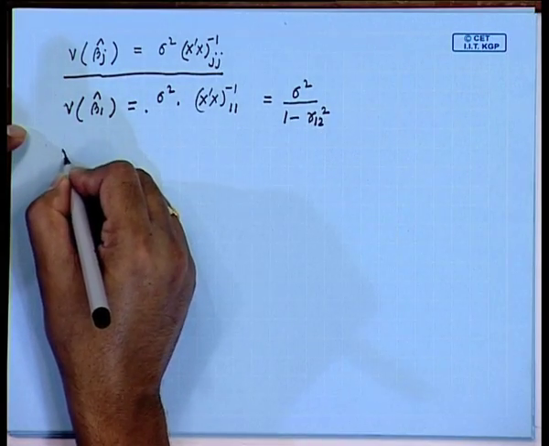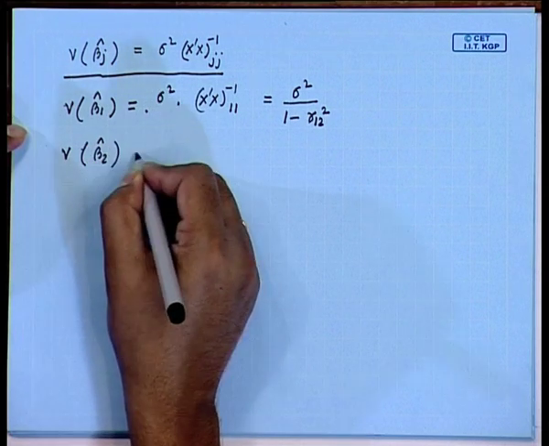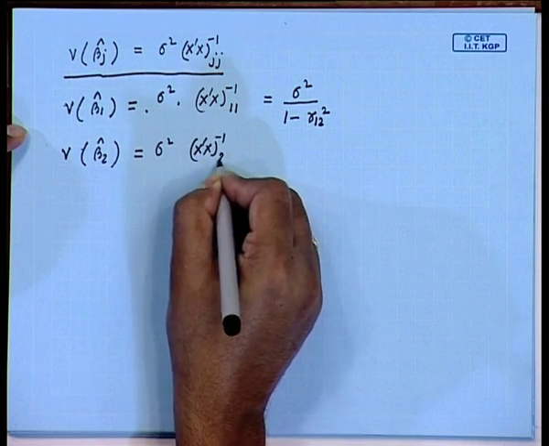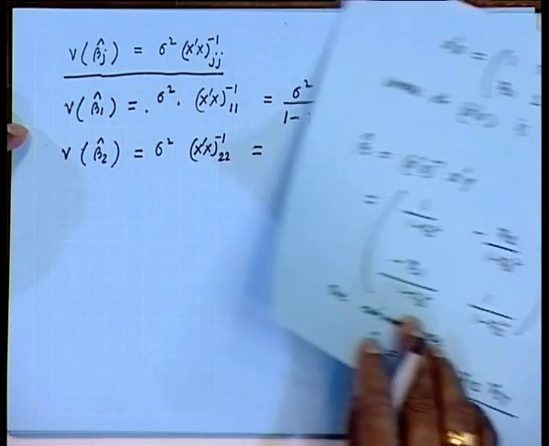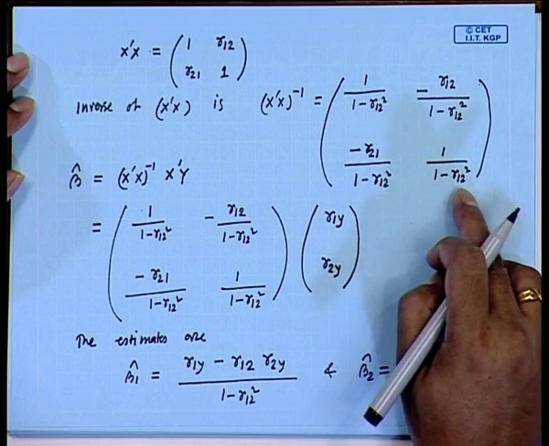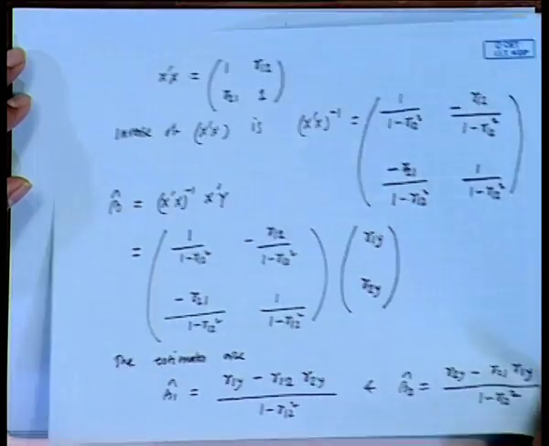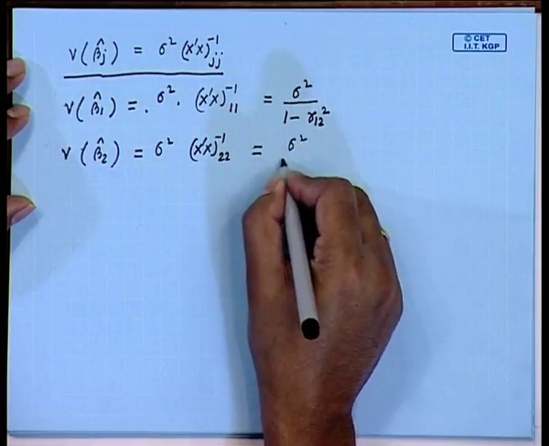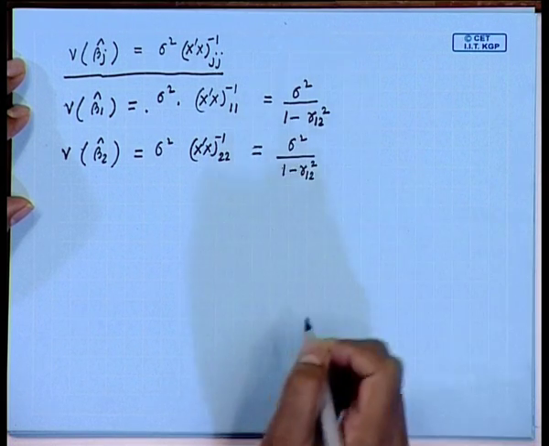Similarly, the variance of beta 2 hat is equal to sigma square times the 2/2th element, which is also 1 by (1 minus r12 square), so variance of beta 2 hat is also sigma square by (1 minus r12 square).